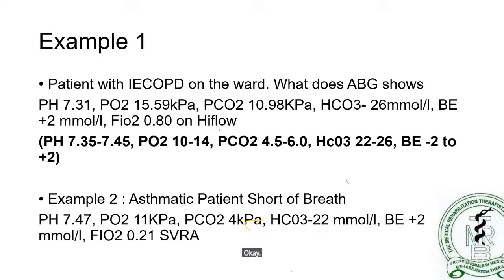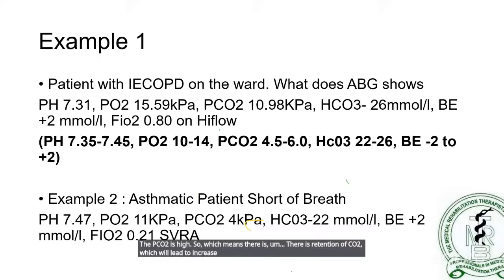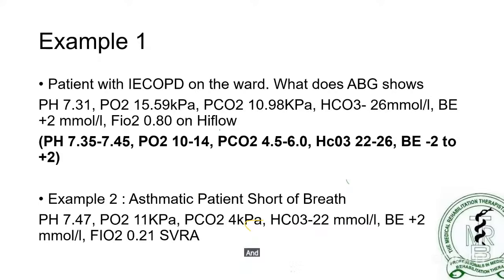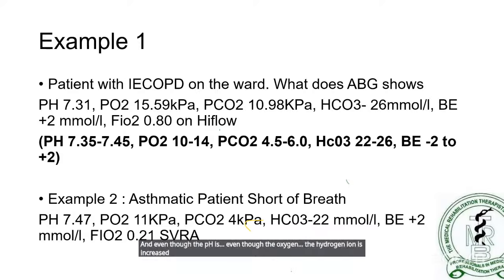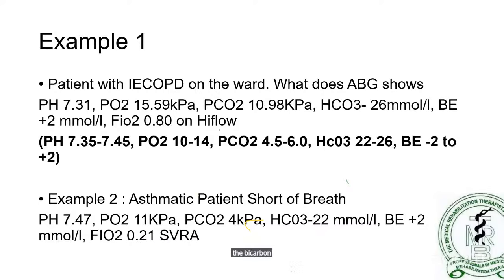From the data given, the PCO2 is high, which means there is retention of CO2, which will lead to an increase in the hydrogen ion. As the hydrogen ion increases, the pH is dropping, which is the 7.31 that was gotten here. Even though the hydrogen ion is increased, the bicarbonate is within the normal range.